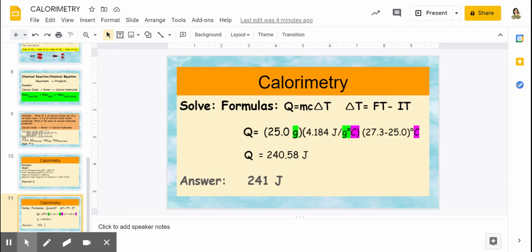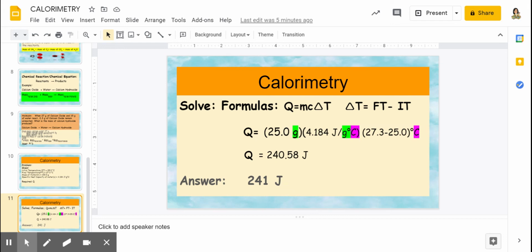The specific heat is 4.184 joules per gram degree Celsius, and you have final temperature 27.3 minus 25.0, and don't forget the units. You cross out the grams, you cross out the degree Celsius, and what's left is the joules, which is the unit of Q.